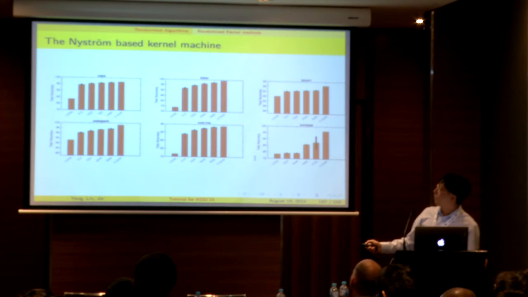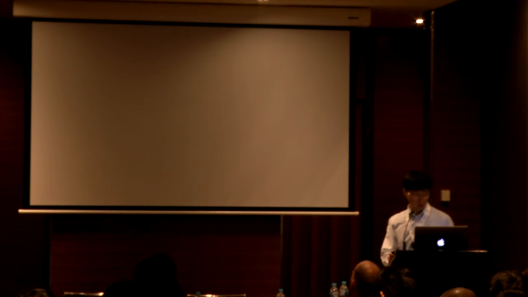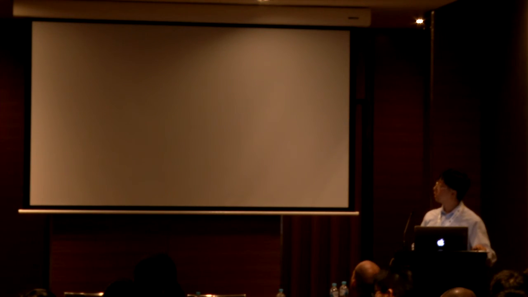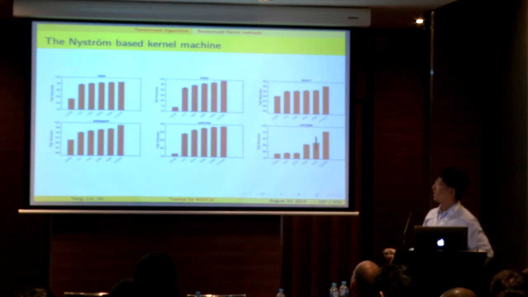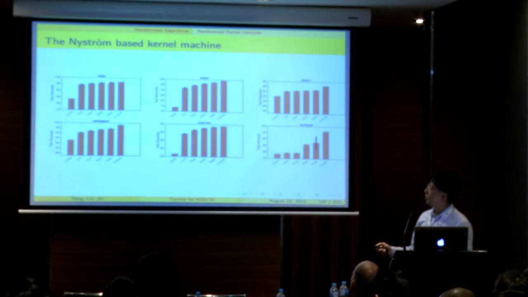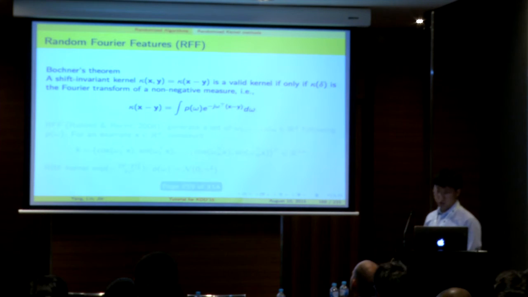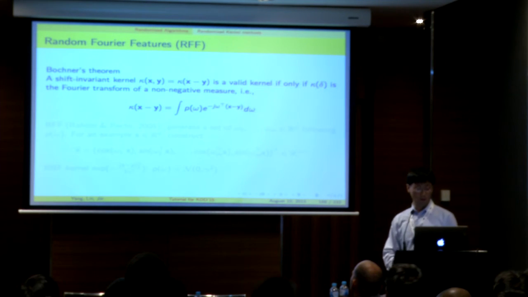And the middle bars correspond to the application of the Nystrom method to the kernel machine. So you can see that by increasing the size, the performance of the Nystrom kernel machine is very close to the kernel machine, but the training time is much reduced. Here, I didn't show the training time. OK, so that is the first method, using the Nystrom method.